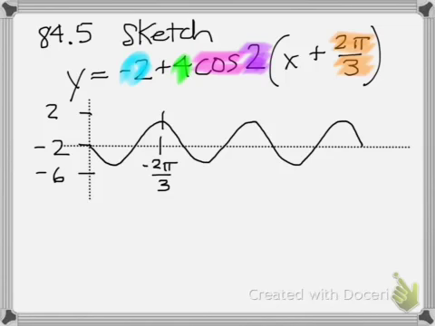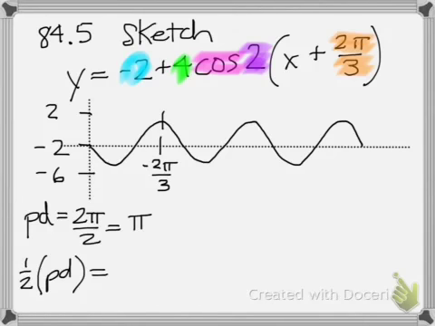Now we need to figure out how to label the other points. So we're going to use that 2 to find the period. Because we're dealing with radians, it's going to be 2 pi divided by 2. So in other words, our period is pi. And then if we want to find the next extreme point, which is a minimum, then we're going to do the period divided by 2, which is pi over 2.